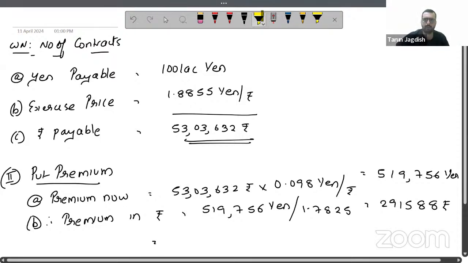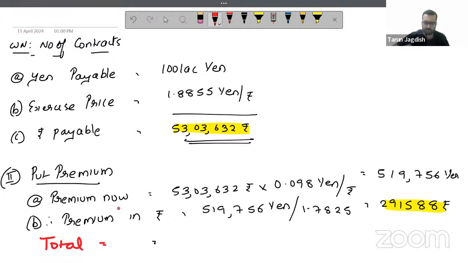Okay, so I have to pay 53 lakh here and I have to pay 2 lakh of premium. So my total will turn out to be this plus 53,632. I will get the answer as 55 lakh 95,220 rupees. Can I cross check the solution, friends?